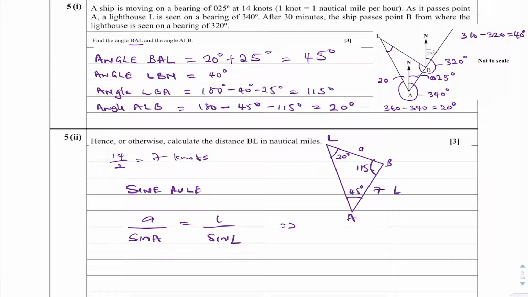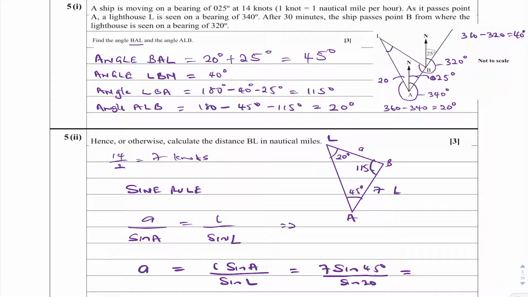Little a is what we're looking for. So a equals l sine capital A over sine capital L, which is 7 sine 45 degrees over sine 20.